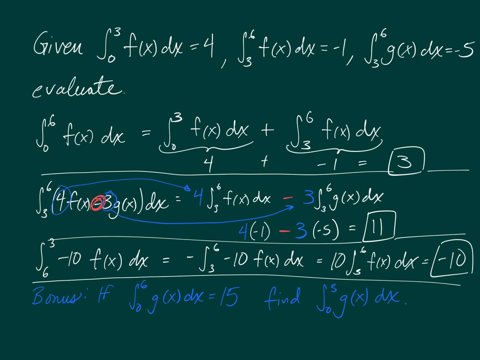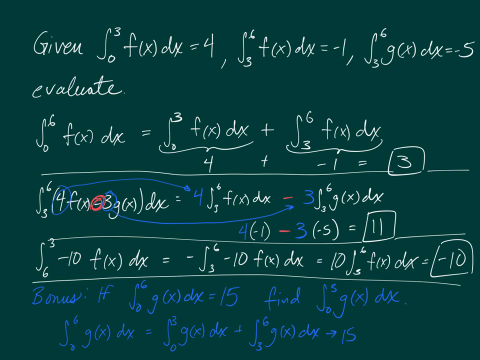So here's what the equation would look like. If we're going from 0 to 6, we can break it apart at 3, very similarly to what we did up here. And we know this value, because we were just given that, that's 15. And we know this value, that's way back up here. So this equation becomes the following.